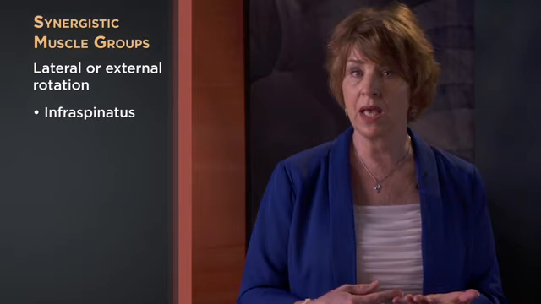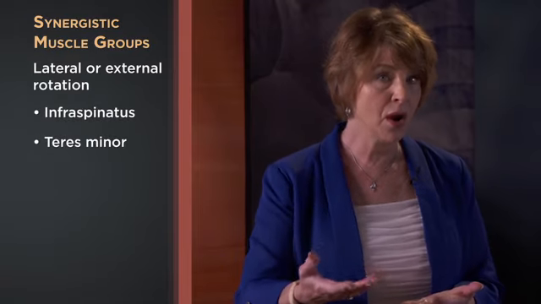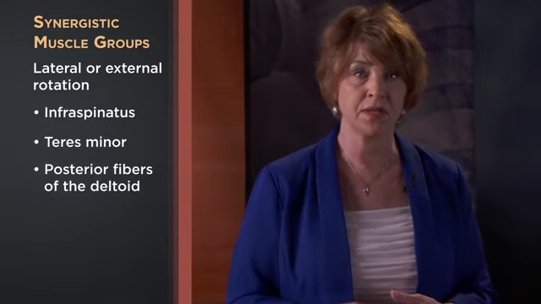These include the rotator cuff muscles infraspinatus and teres minor, but also the posterior fibers of the deltoid. Speaking of swings, if you're wondering about pathologies like tennis elbow and golfer's elbow, those will take us right into our next lesson, since the elbow is also an important site of attachment for muscles of the forearm.